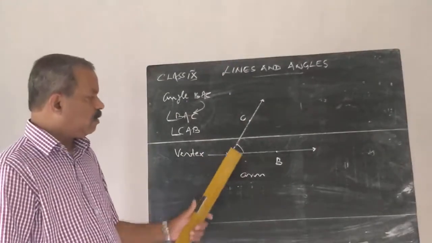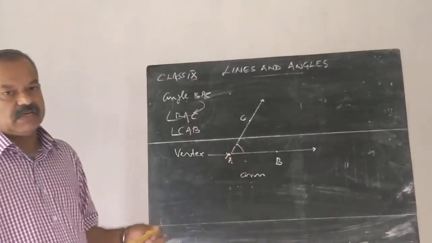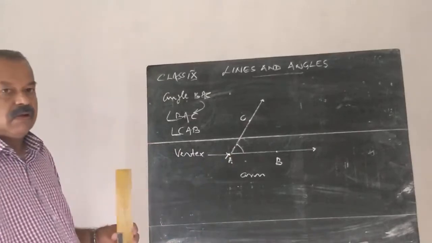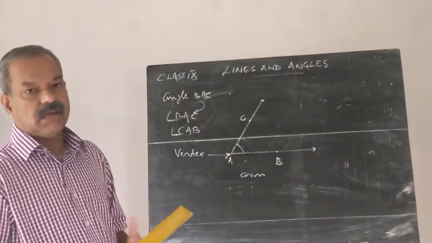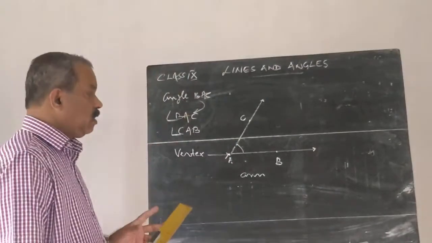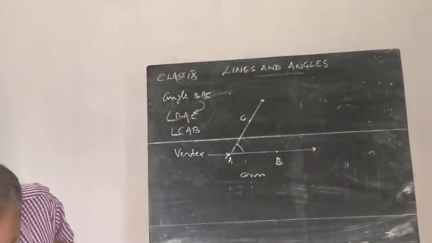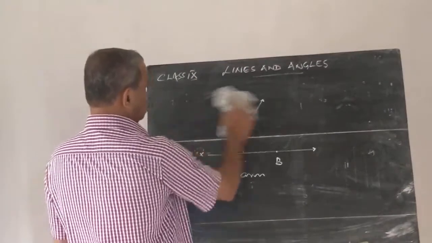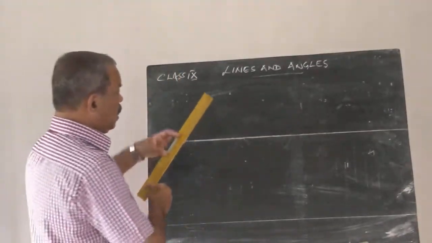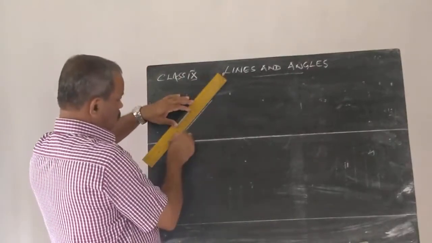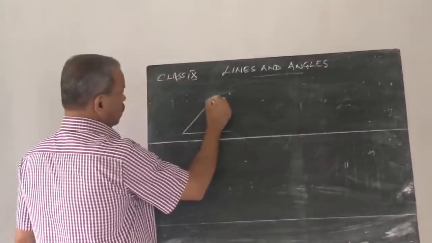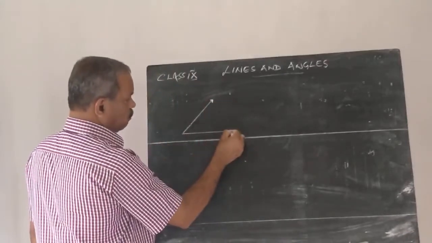Now, are you familiar with the many types of angles? What are the different kinds of angles? You have heard of acute angles, obtuse angles, right angles, like that. So let us begin with the different kinds of angles. So an angle which can be in this form.